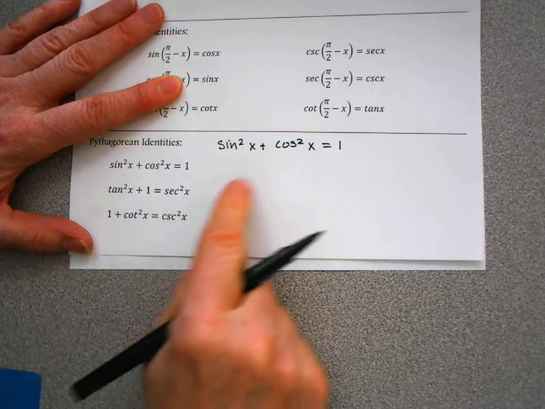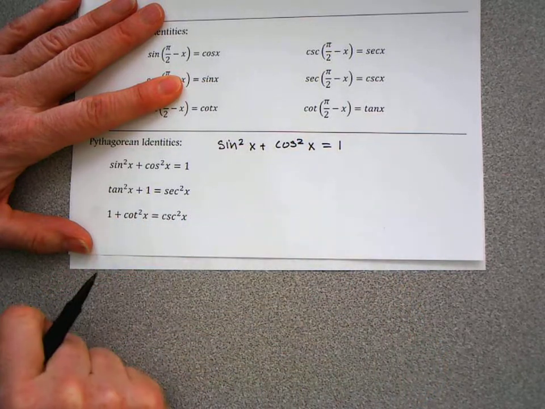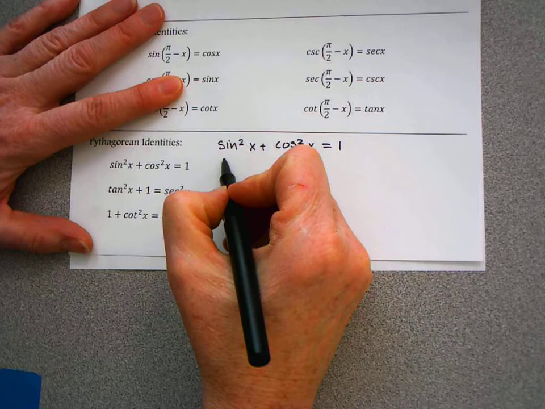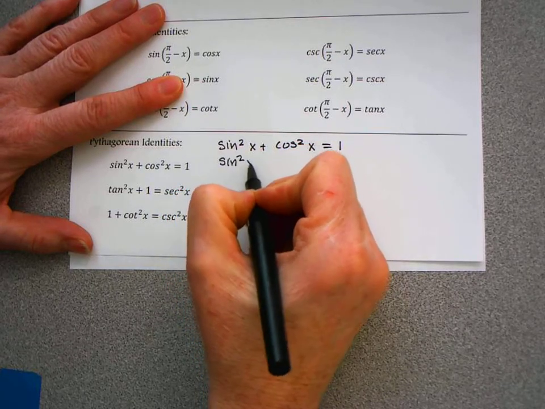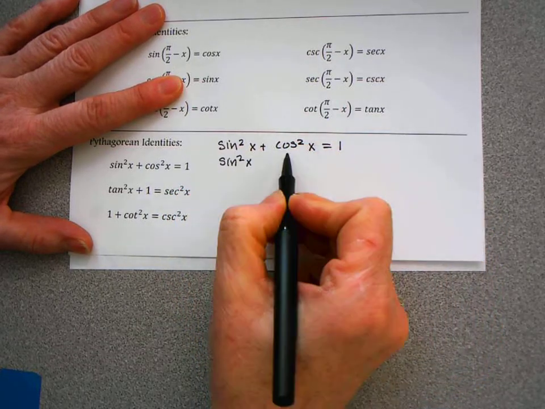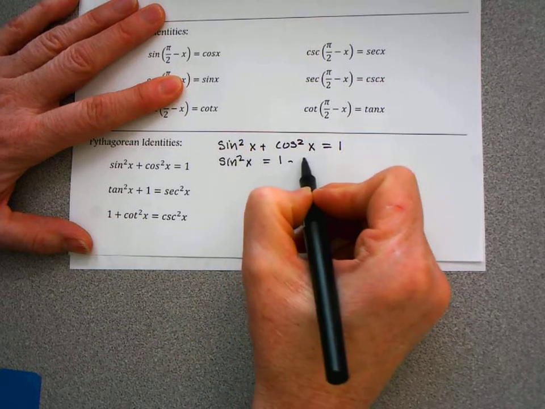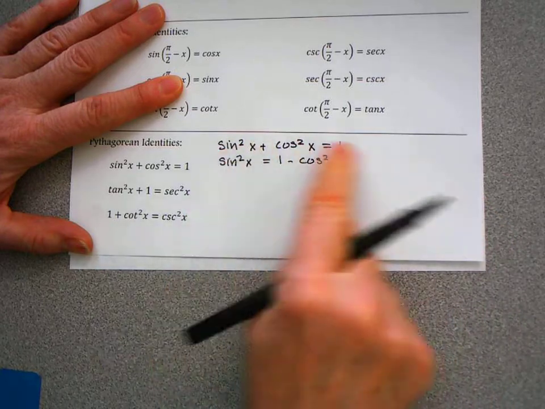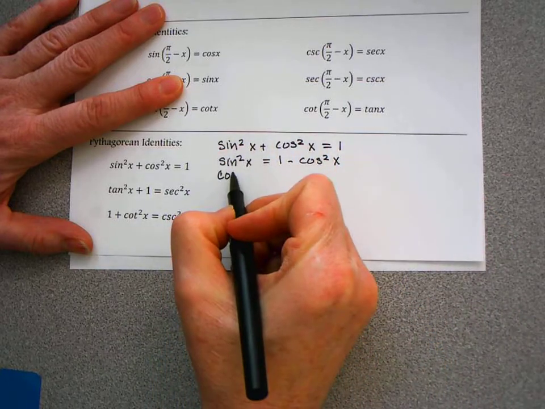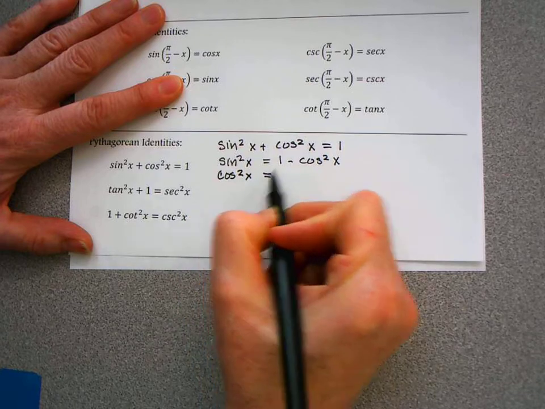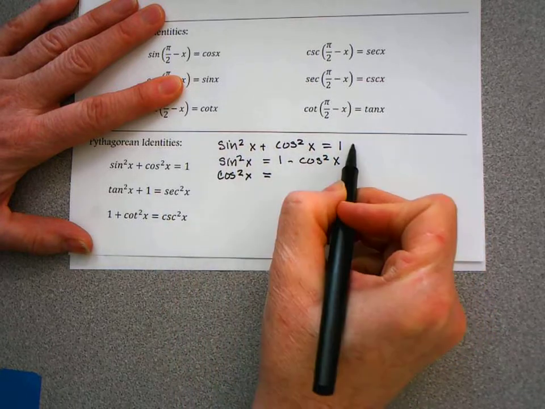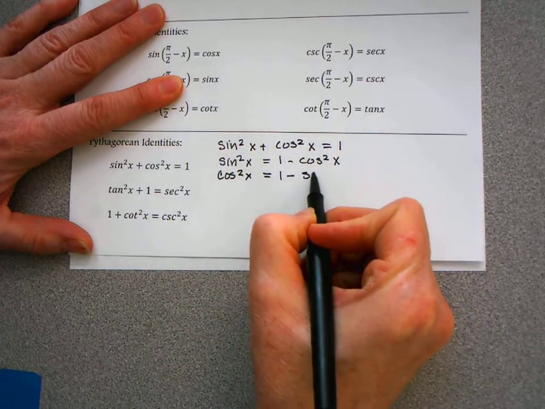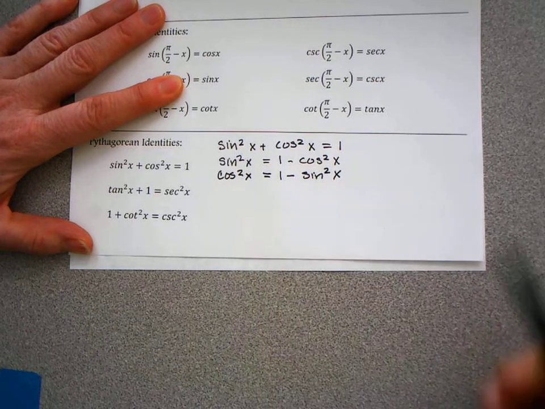What would happen if I subtracted cosine squared of x from both sides? It would fall out here, and I would get the sine squared of x equals 1 minus the cosine squared of x. That is just a manipulation. And if I subtracted sine squared of x from both sides, I get the cosine squared of x equals 1 minus the sine squared of x. So those are two manipulations.